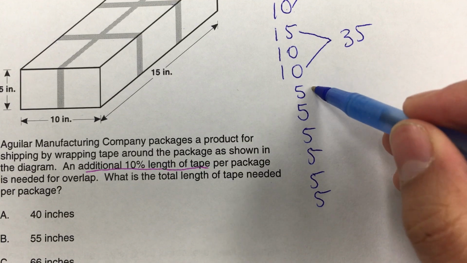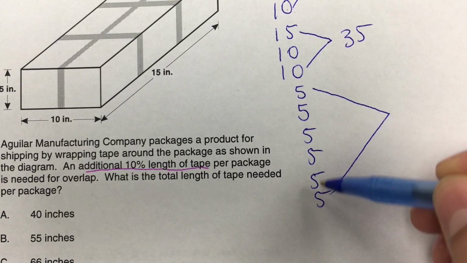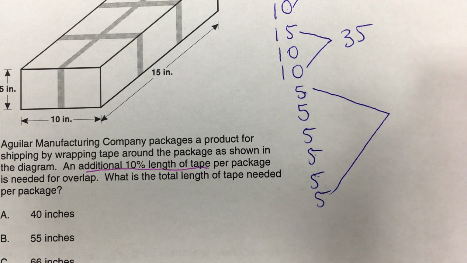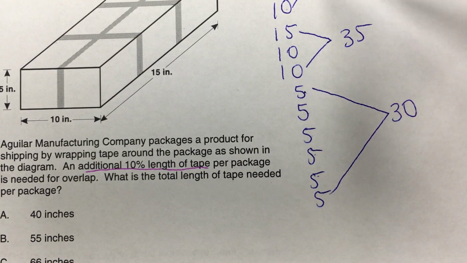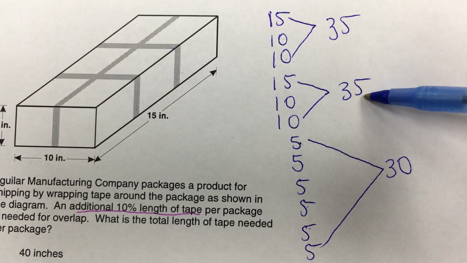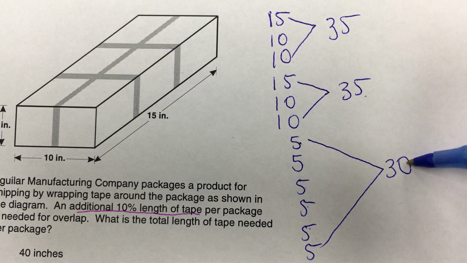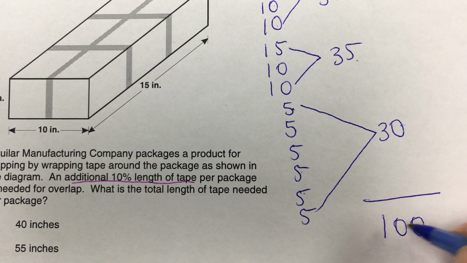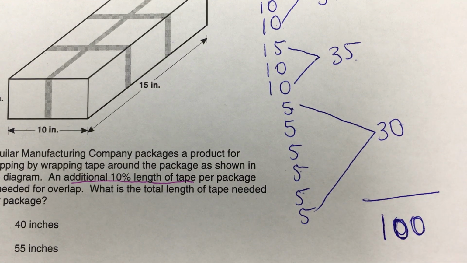In here we have 1, 2, 3, 4, 5, 6 5s. So 5 times 6 is 30. And so 35 plus 35 is 70 plus 30. That's going to be equal to 100 inches of tape. That's just to cover the 6 faces.